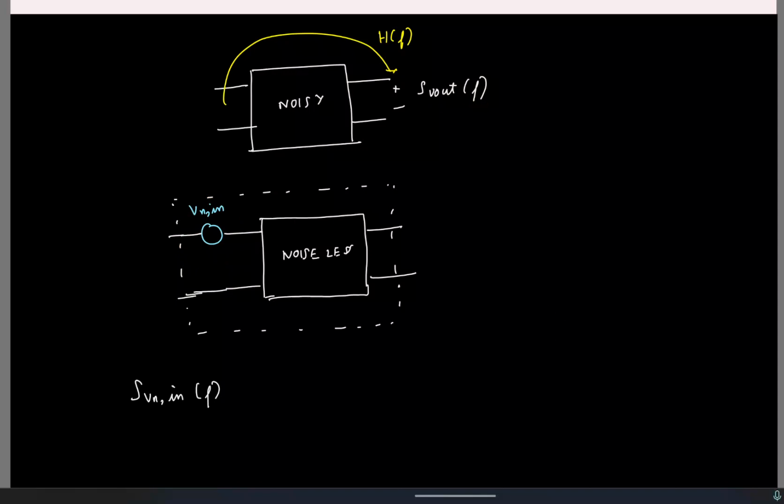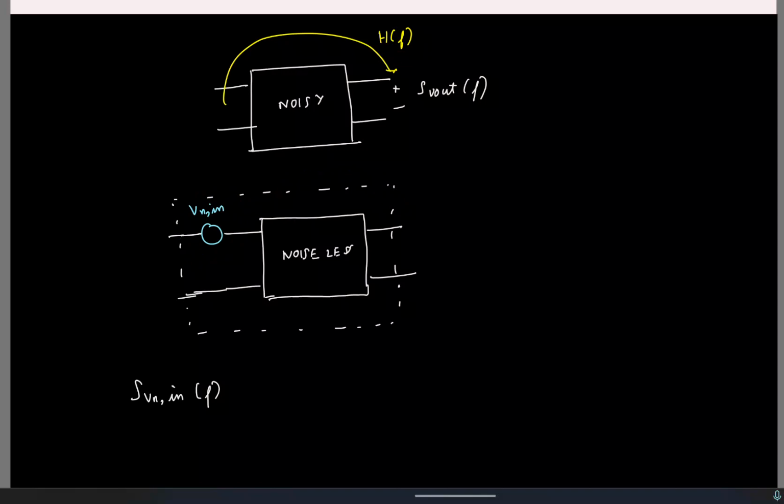What I'm saying is, at the output I have some power spectral density. I'm modeling it as though the entire noise is coming from this source, as S out of f upon H of f squared. The only thing is, I can find that this power spectral density times the transfer function from here to here, which is H of f, mod of that squared, is the output power spectral density.